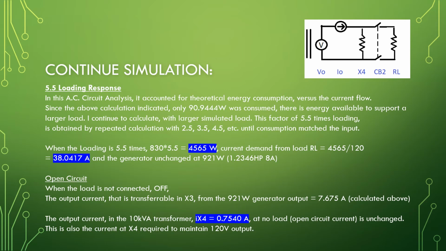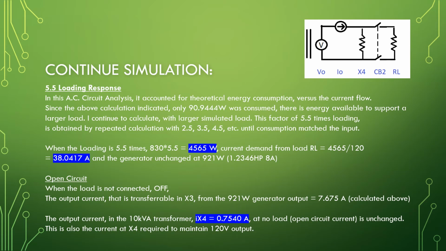In this AC circuit analysis, it accounted for theoretical energy consumption versus the current flow. Since the above calculation indicated only 90.9444 watt was consumed, there is energy available to support a larger load.